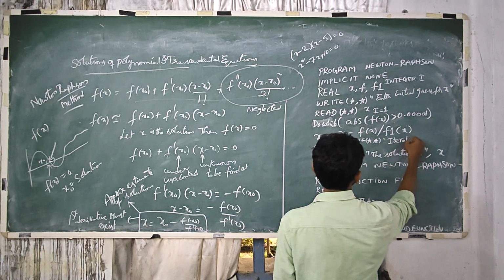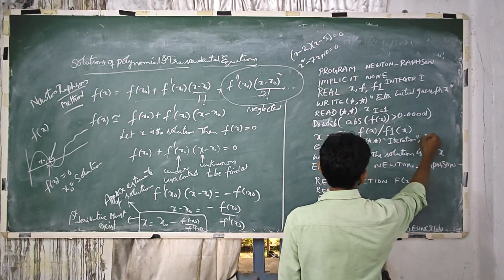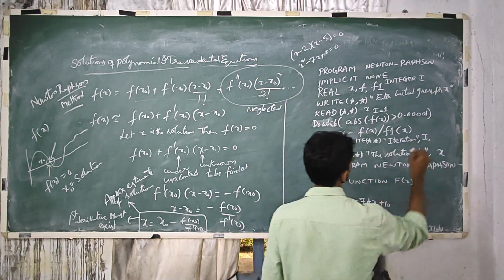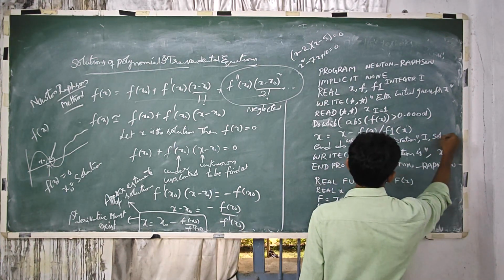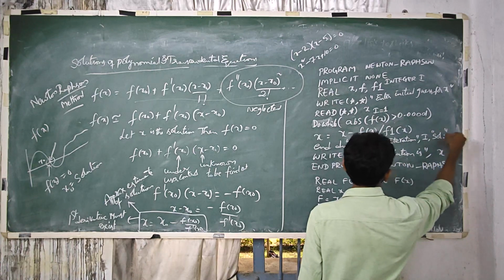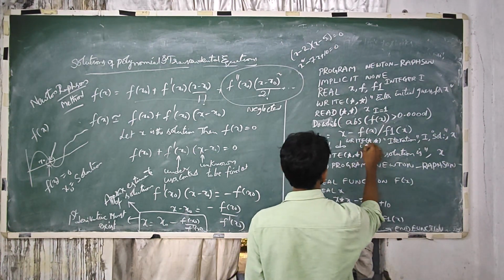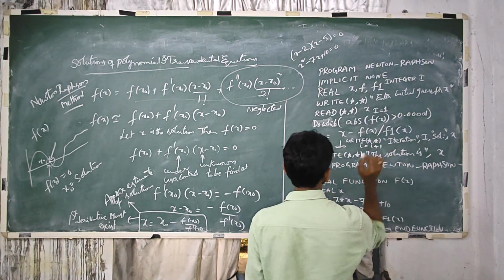Iteration comma I, solution comma x, and raise the value by 1. I is equal to I plus 1.